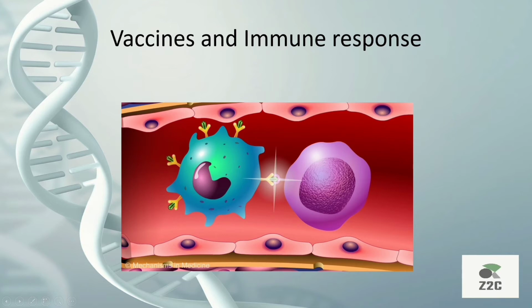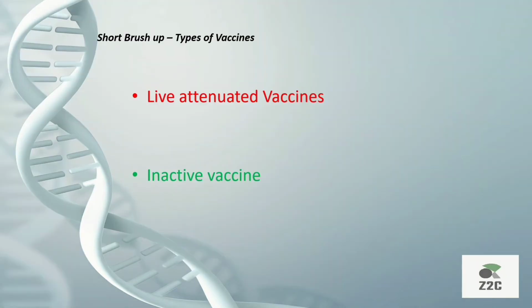In our last video, we discussed both of these vaccine types. In live attenuated vaccine, the virulent type of pathogen will be taken and manipulated. The manipulated form of the virus will be given as a vaccine, obviously with certain rules.